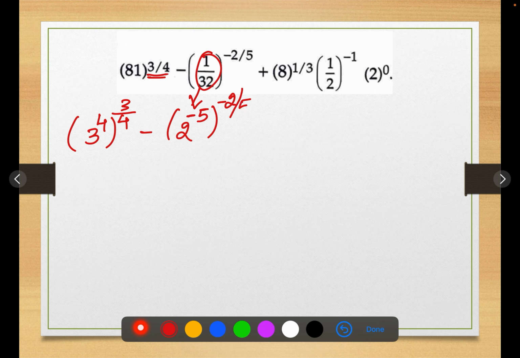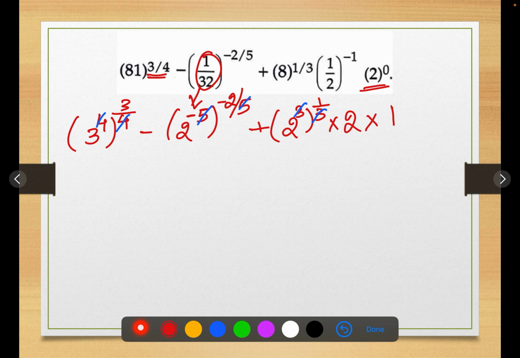Minus 2 by 5. Plus 8 can be written as 2 to the power 3, 1 upon 3. Now 1 upon 2. Why write 1 upon 2? I'll reciprocate, and this is 1. I have applied many laws in one step only. Now reducing. This will be reduced. This will be reduced.